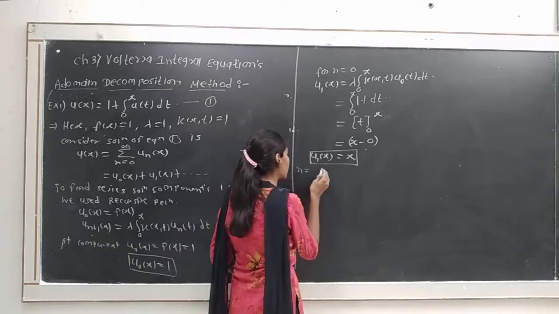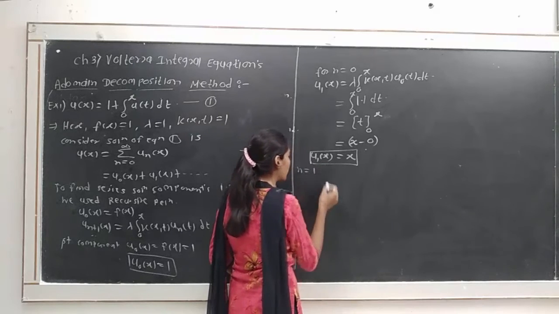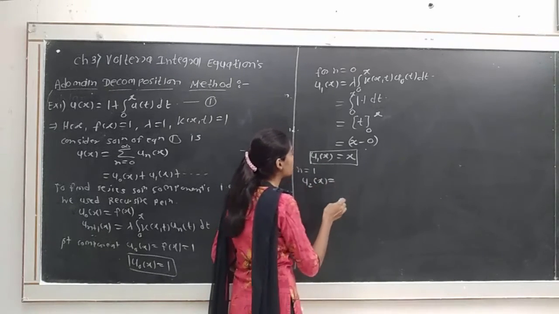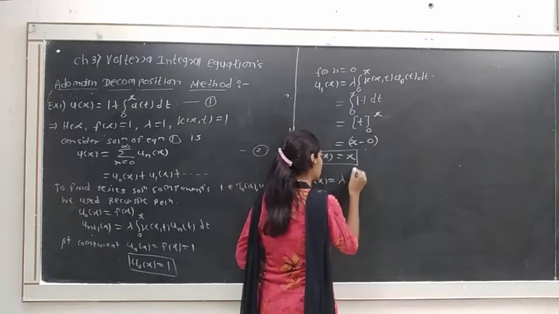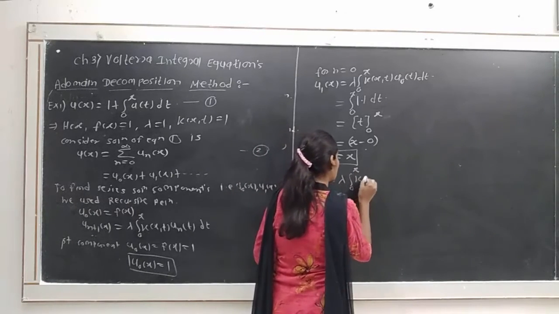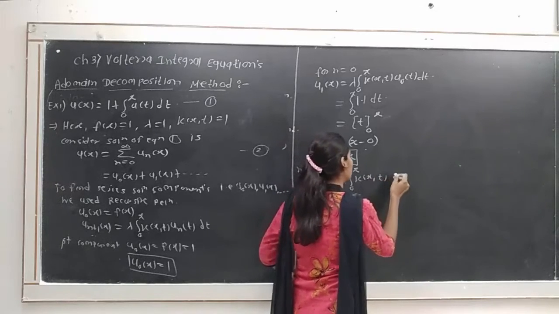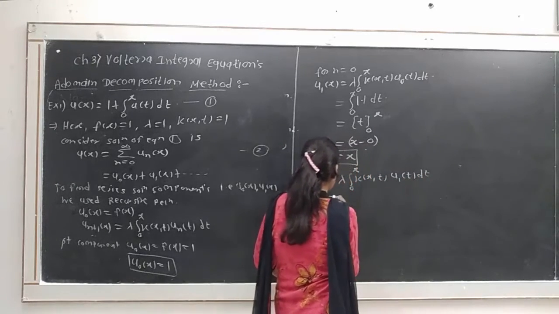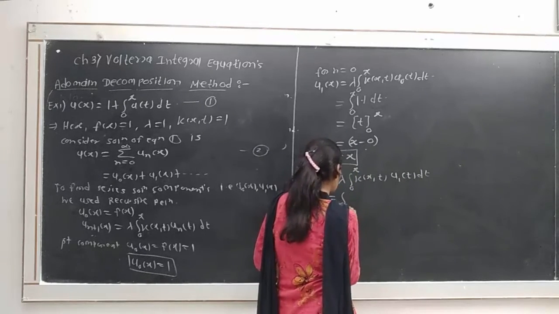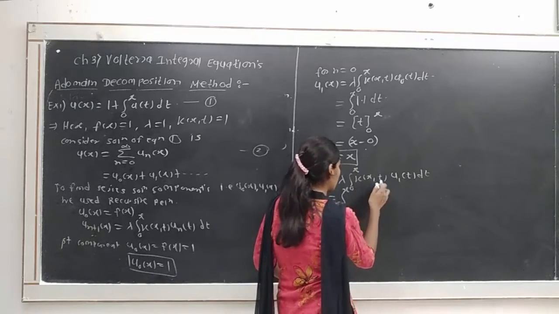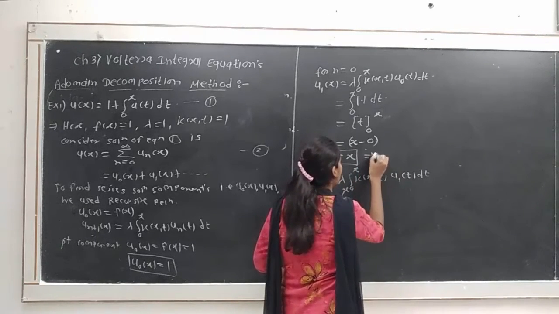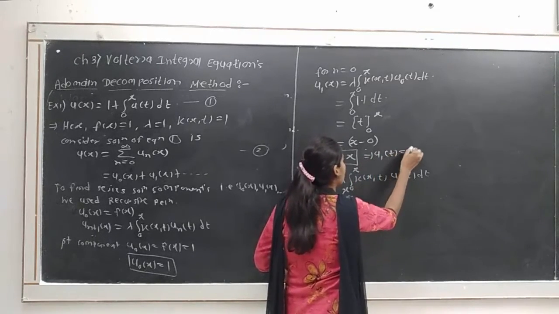Okay, then we put n is equal to 1. So for n is equal to 1, we get the next component u2 of x is equal to lambda integration from 0 to x k of x t into u1 of t dt. Okay, so we put in the values again. Lambda will be 1, integration from 0 to x, k of x t will be 1, and u1 x is x, so u1 t will be t.